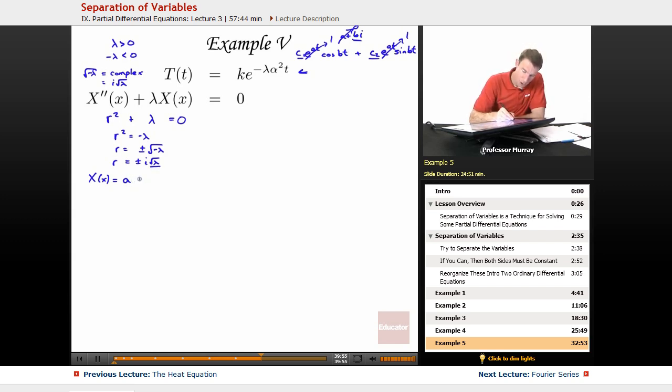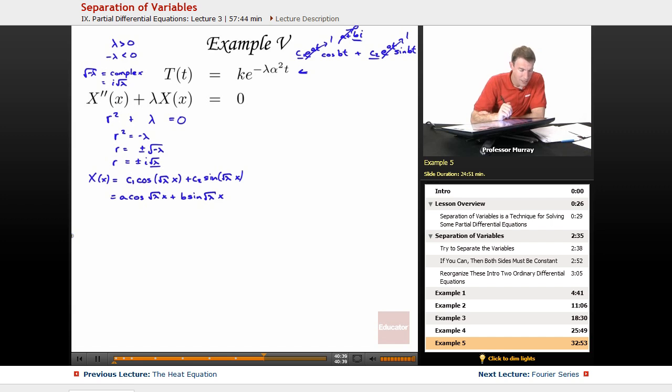So C1 times cosine of the square root of lambda, and my variable here is x, not t, so I'm going to put an x in there, plus C2 times sine of the square root of lambda x. And let me change those C1 and C2 and call them A and B. So A cosine of the square root of lambda x plus B sine of the square root of lambda x. So that's my X of x.